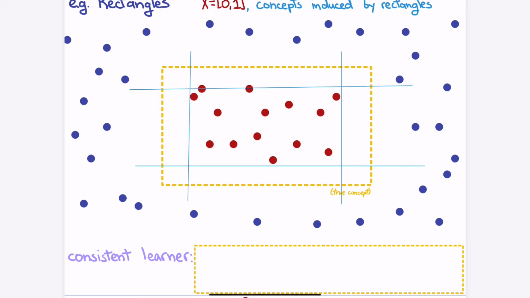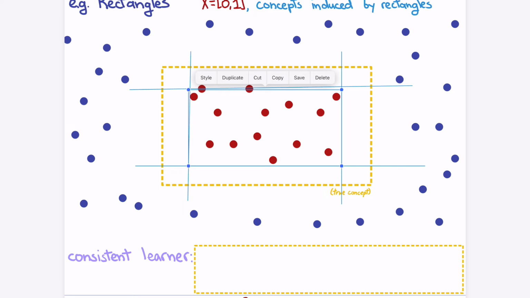So this finds the tightest fitting rectangle by getting your leftmost, rightmost, upper and lower points. The rectangle you would output in this algorithm would be this inner one. Something like this.